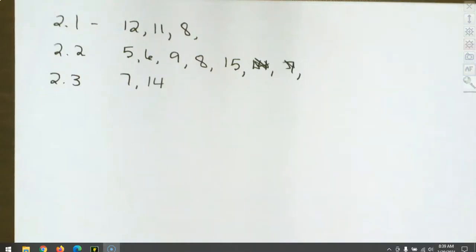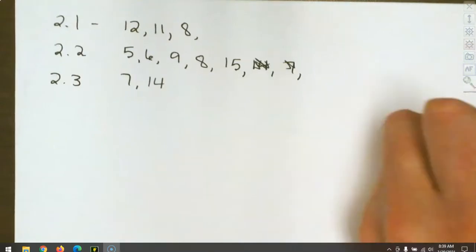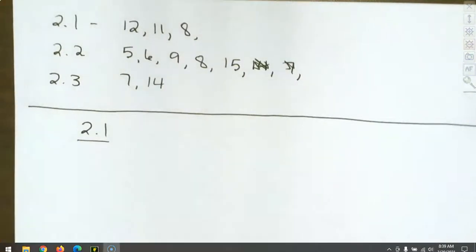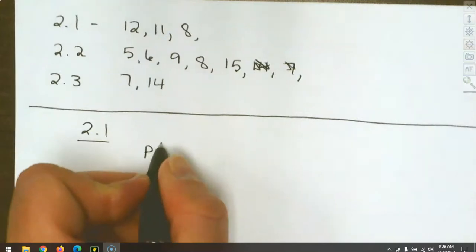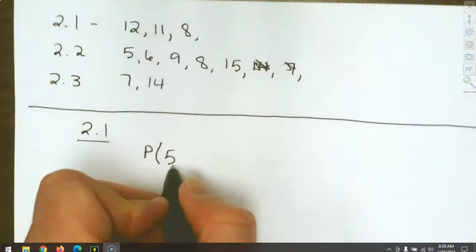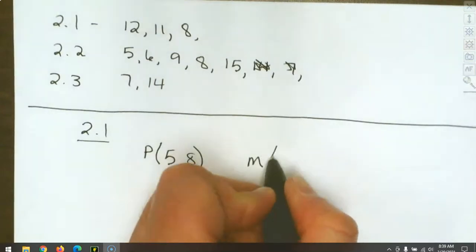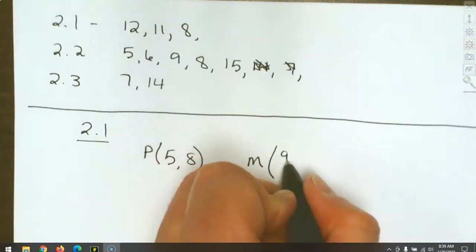Let's start with 2.1. Let's look at question 8. And what are we doing in question 8? Well, in question 8, what I give you is the point P, which is 5, 8. And I give you M. Now remember, M represents your midpoint.